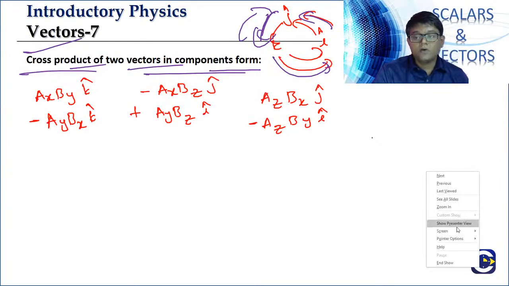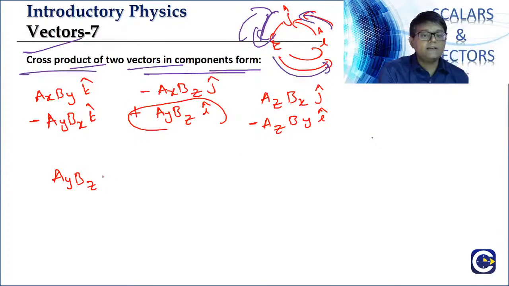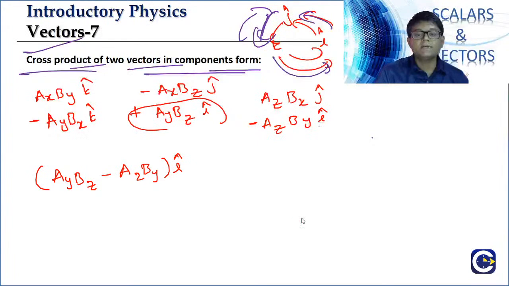Just keep the i cap terms together. What are the i cap terms? This is an i cap, this is an i cap, correct? So ay bz minus az by, because this is plus i cap, this is minus i cap. That is our first term.